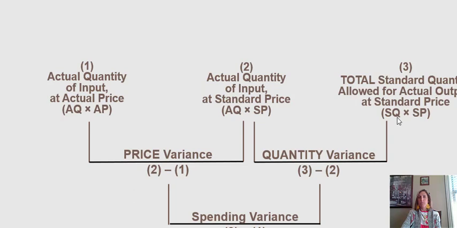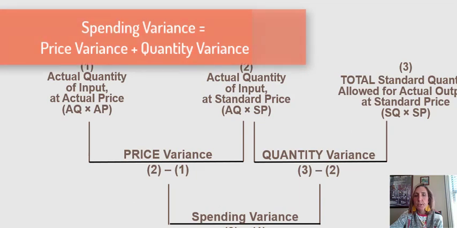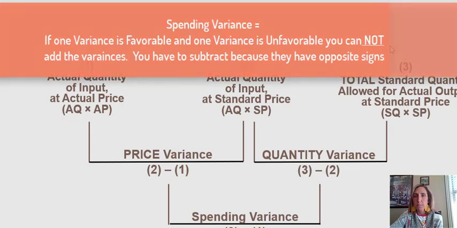Standard hours times standard rate would give you what is called an efficiency variance, which is the same thing as the quantity variance. One difference in this chapter is the terminology of the spending variance. In this chapter, the terminology for spending variance refers to the price and quantity variance combined.